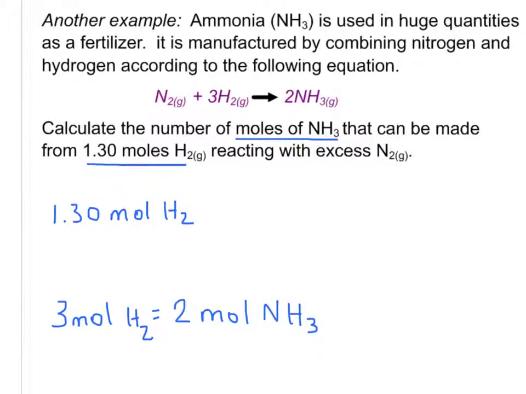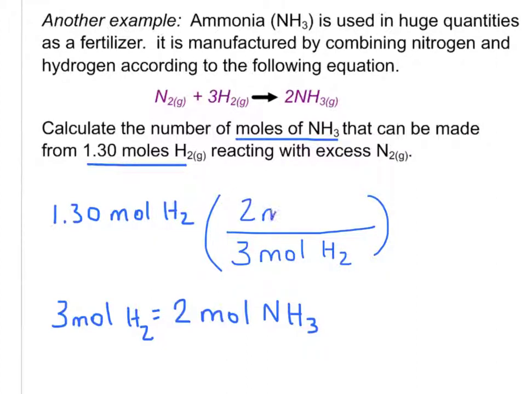So we can use this as our conversion factor, as our mole-to-mole ratio, as our equivalence statement. And let's go ahead and write that into our big equation here. Okay, 1.3 moles of hydrogen on top, so we want to put the moles of hydrogen on the bottom. 3 moles of hydrogen for our ratio to 2 moles of ammonia.